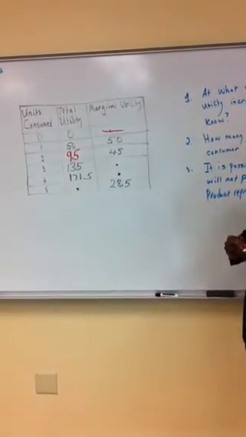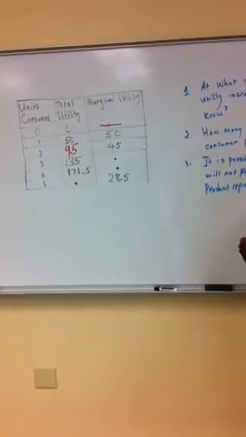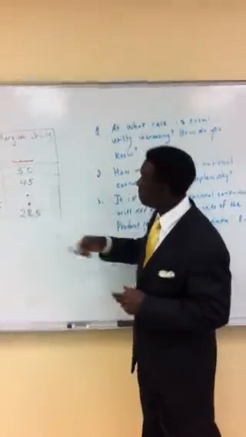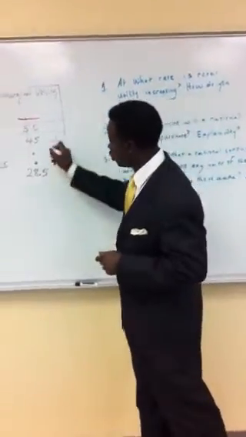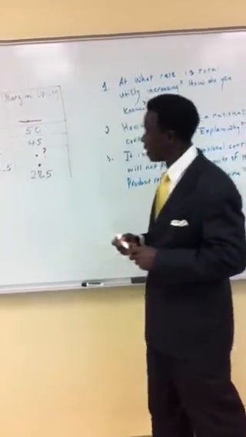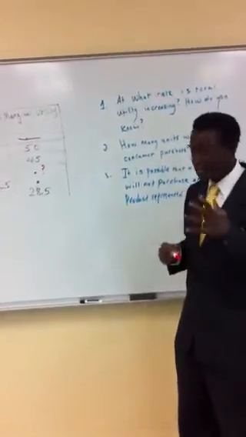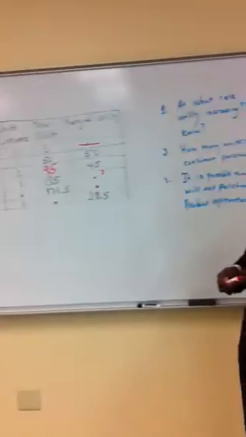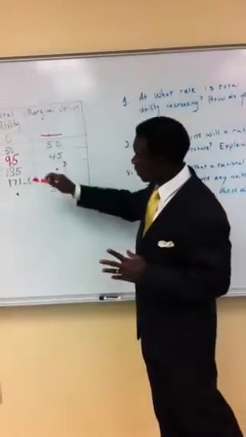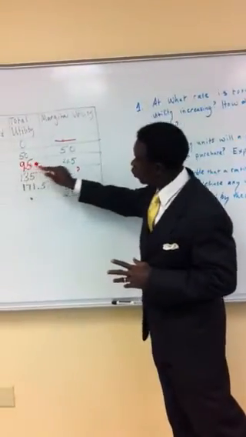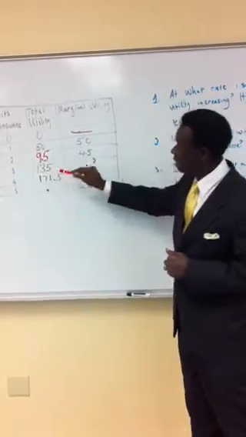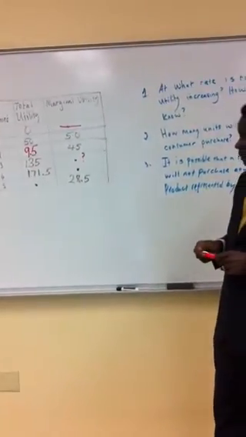Okay. Now, if you do not know the marginal utility and you are asked to find the marginal utility using the total utility, what you do is subtract the unit 2 total utility from the unit 3 total utility.